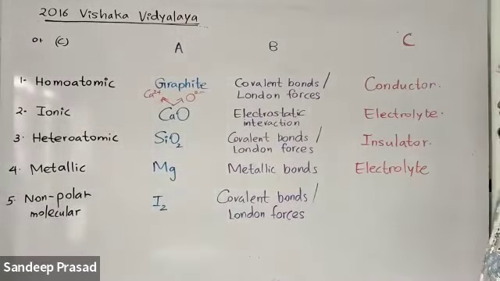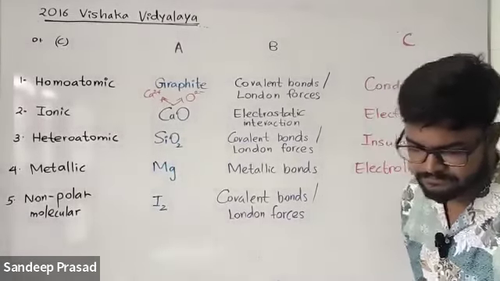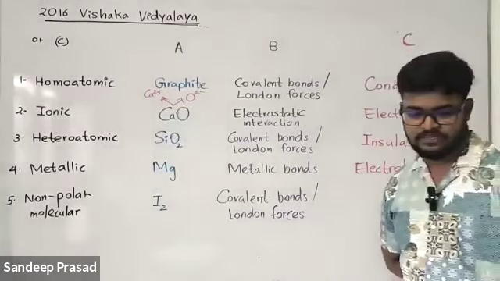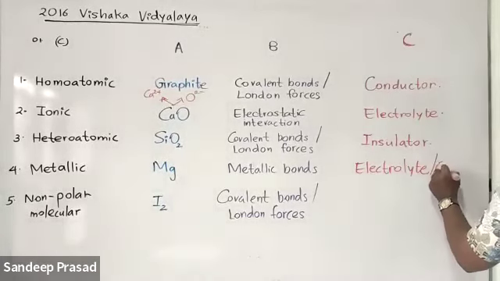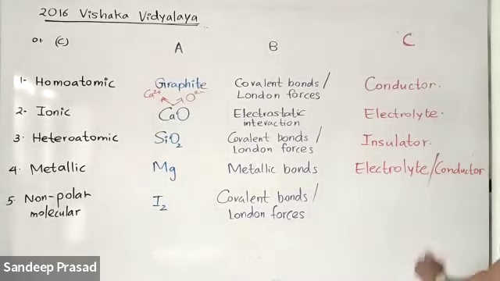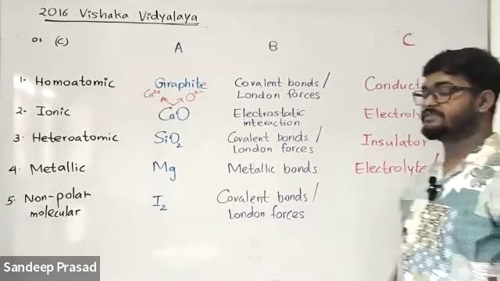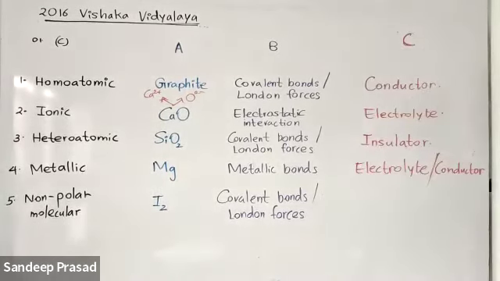Can they pass electric current? What do you think? Magnesium, can they pass electric current? Yes, they can pass electric current. Therefore, conductor, because of the electron sea. Because of that electron cloud, they can pass electric current. Next one, what about iodine?